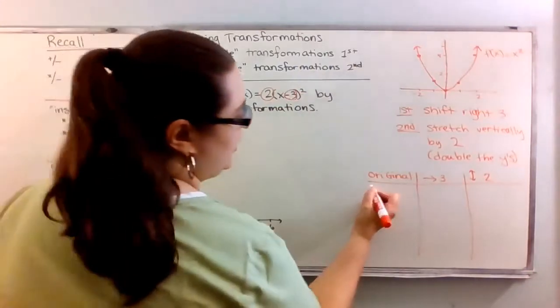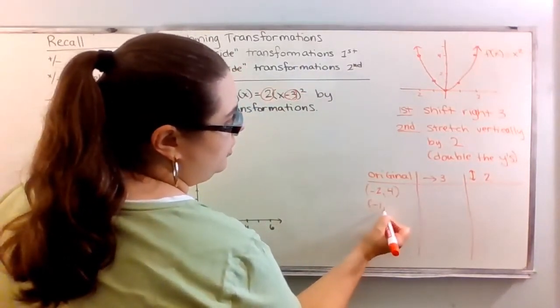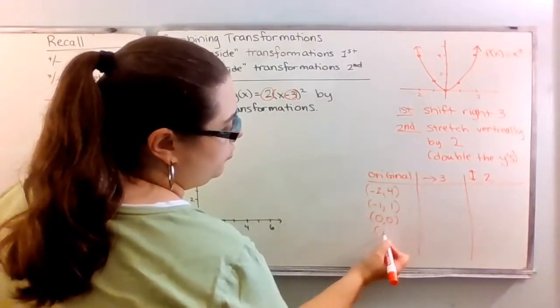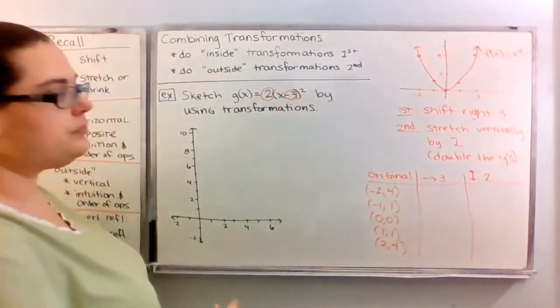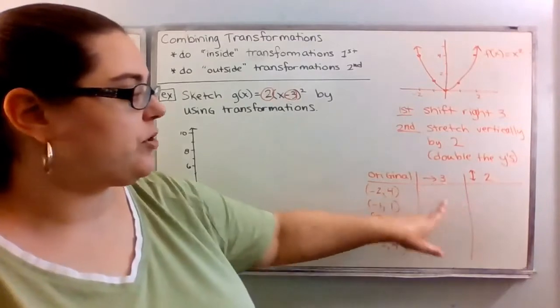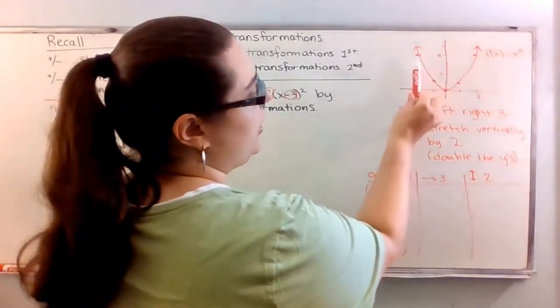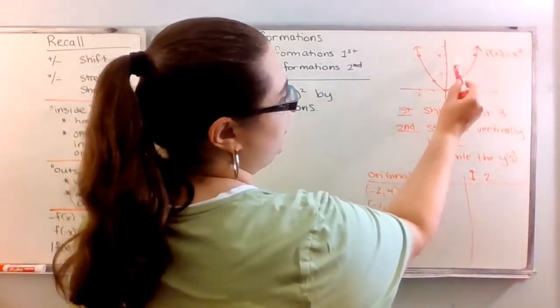So we had -2, 4, -1, 1, 0, 0, 1, 1, 2, 4. Now we're going to take each of these points and move them to the right by 3. So if I'm at -2, 4, and I go to the right by 3, I'm going to go 1, 2, 3.